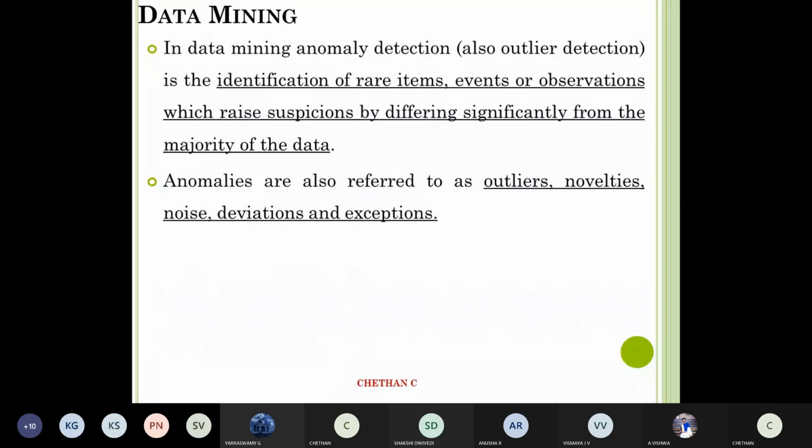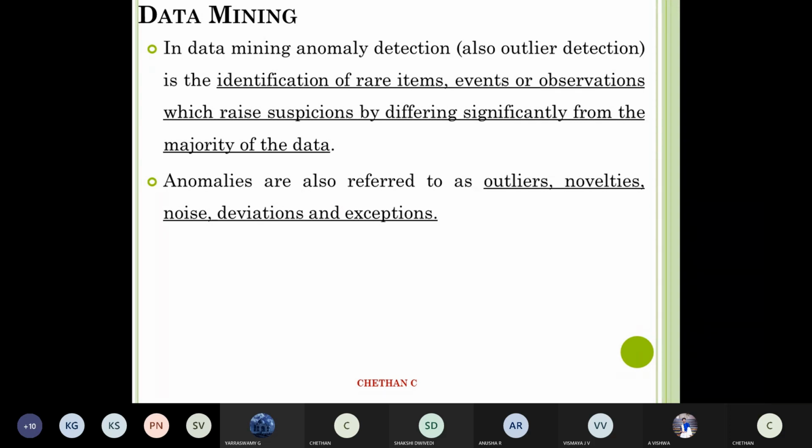With regard to data mining applications, it is the identification of rare items, events, or observations which raise suspicion by differing significantly from the majority of the data. If there is data which does not look similar to the data you have, you can raise it as an anomaly.